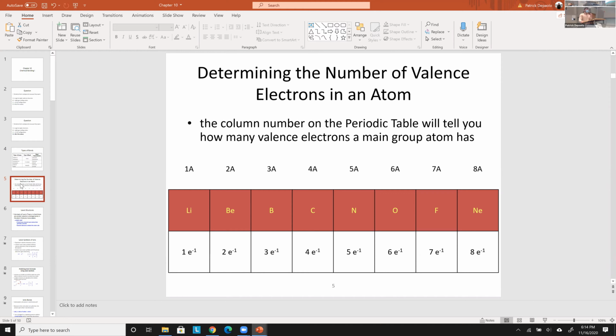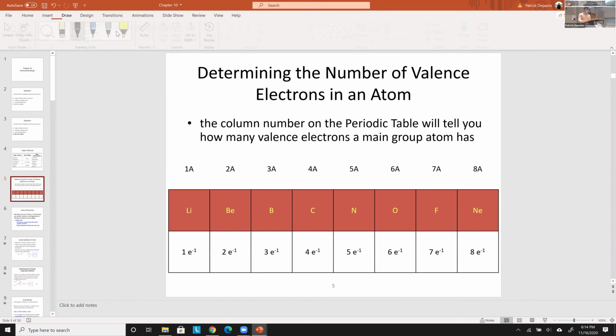Now, for the ground state, since we are aware of electron configuration and should be really good at it, we should be able to figure out the number of valence electrons in a ground state transition metal. So we should figure out the transition metal electron configuration, and then the valence electrons are the ones in the highest energy level.